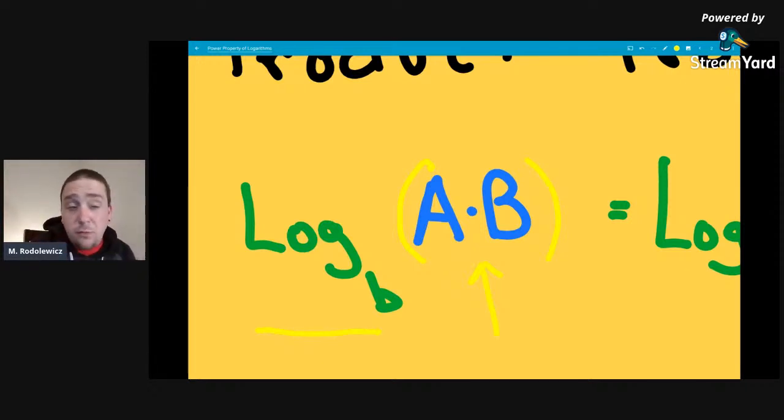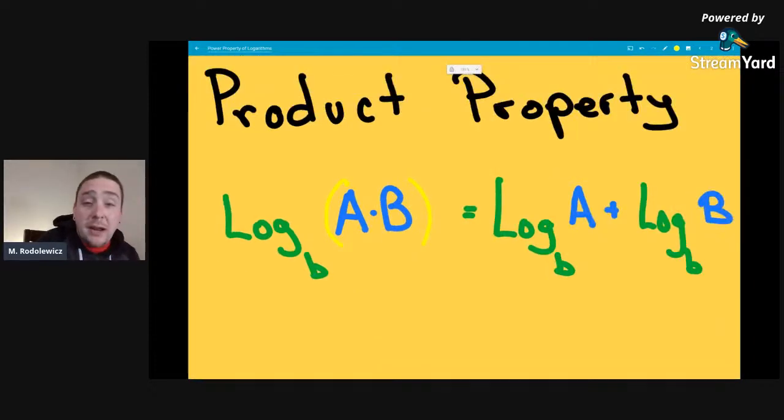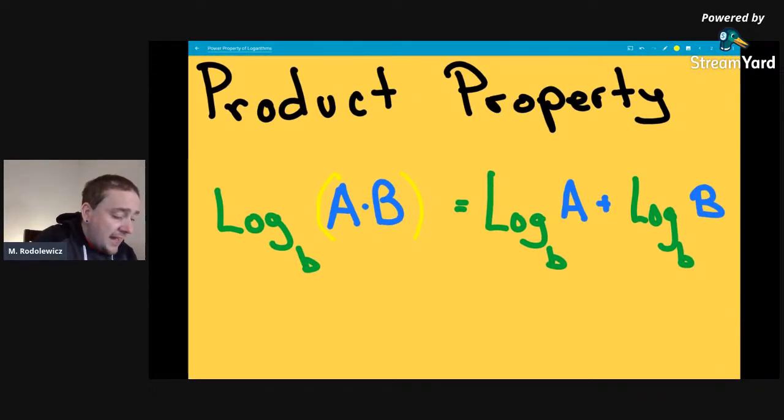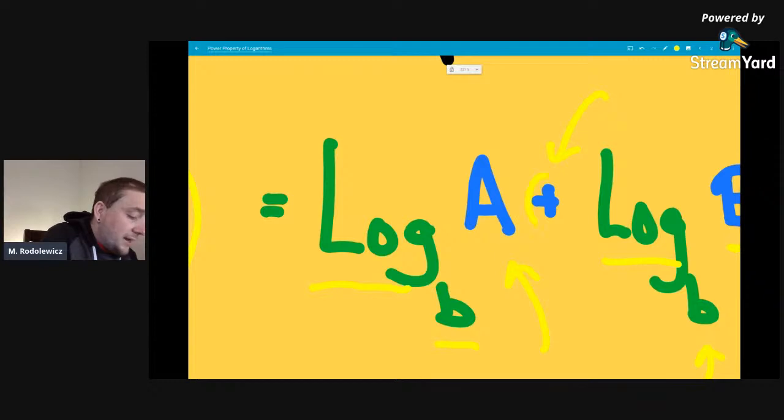It could be 3 times 4, 5 times x, whatever, but if you see multiplication, then this rule says you can rewrite that. You can break that up as log base b of the first factor and log base b of the second factor. So you actually make two logarithms and you separate it by addition.